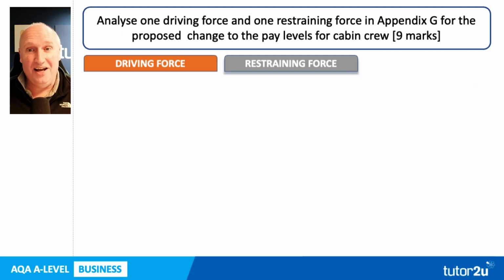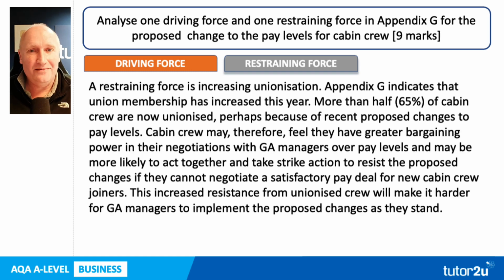Having said that, let's now move on to the restraining force. Well, the obvious data that was left was the unionization data. So let's have a look. A restraining force is increasing unionization. Full stop. Let's now explain how and why that might be a restraining force. In other words, a force that may resist or prevent change. So Appendix G indicates that union membership has increased this year.